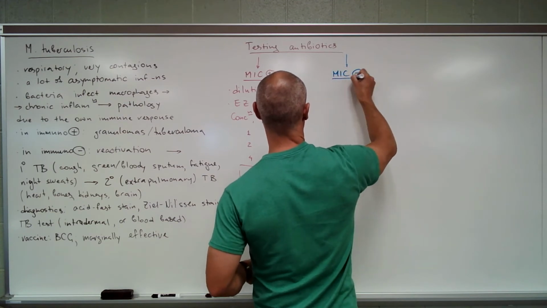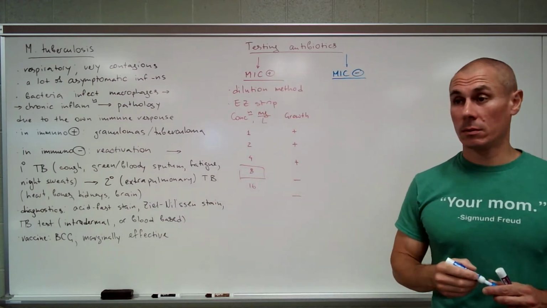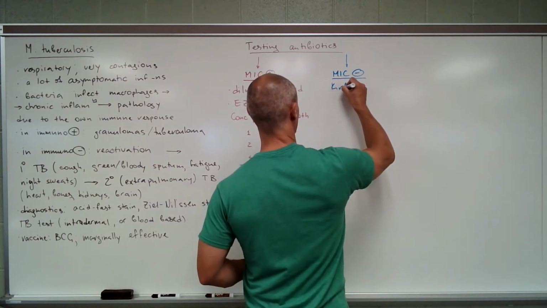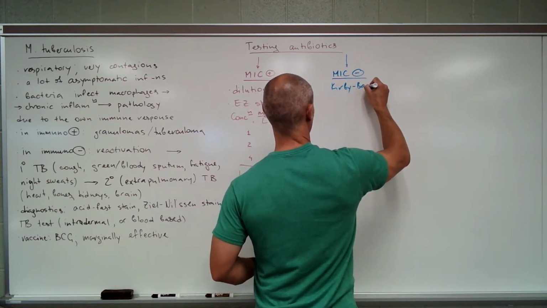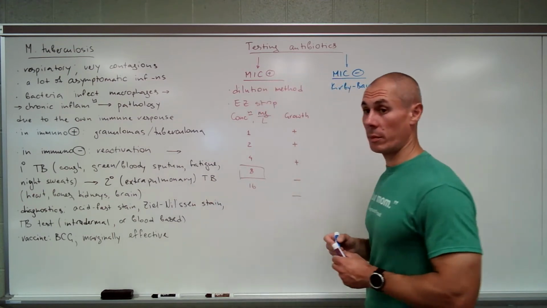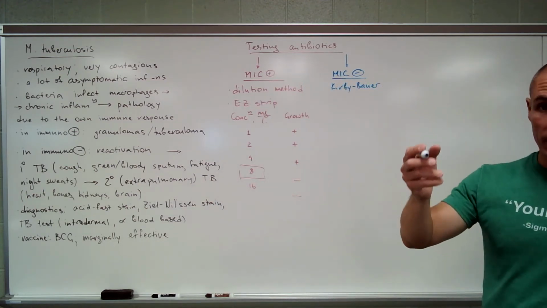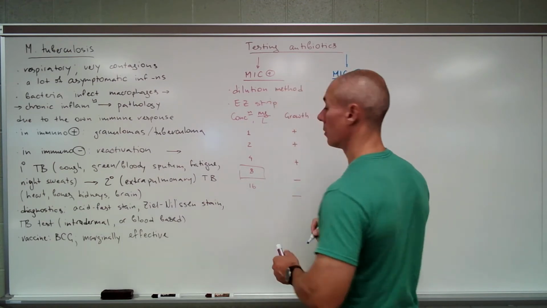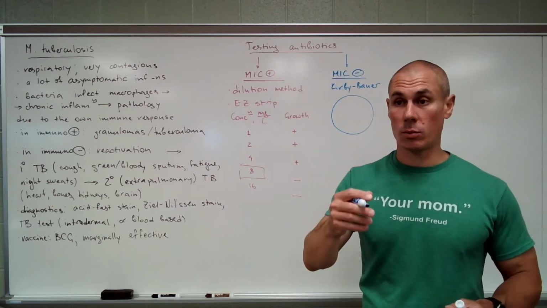So the method that does not let you determine the minimal inhibitory concentration is called Kirby-Bauer disc dilution method. So remember our lab last week?